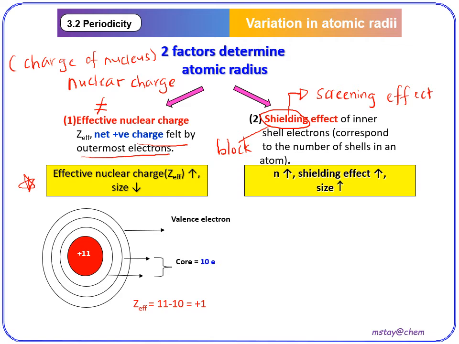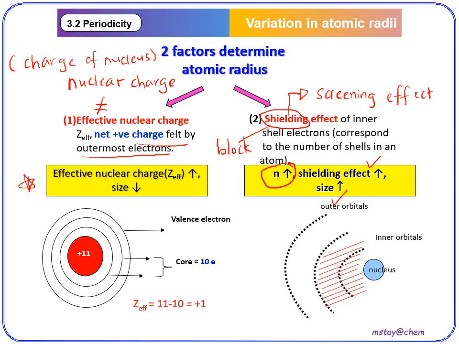When the number of shells occupied by electrons is increasing, it means that the shielding effect is greater. If the shielding effect is greater, then the size of the atom will also be greater. These two inner orbitals we consider as the screening effect or the shielding effect.